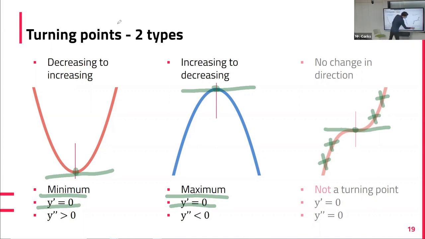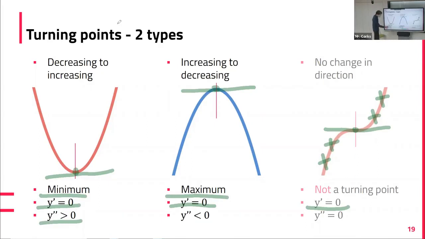But here also, if we found the zeros of the first derivative, this would look like a turning point. So we need one more thing to tell the difference between them, and that is going to be second derivatives. I'll talk a little bit about them today and then a lot more about them in our next class. But for today, this is all we need to know.